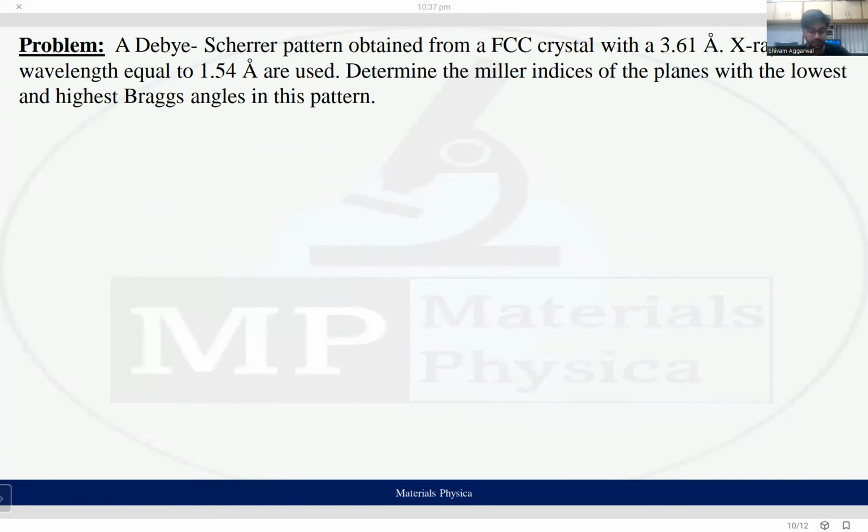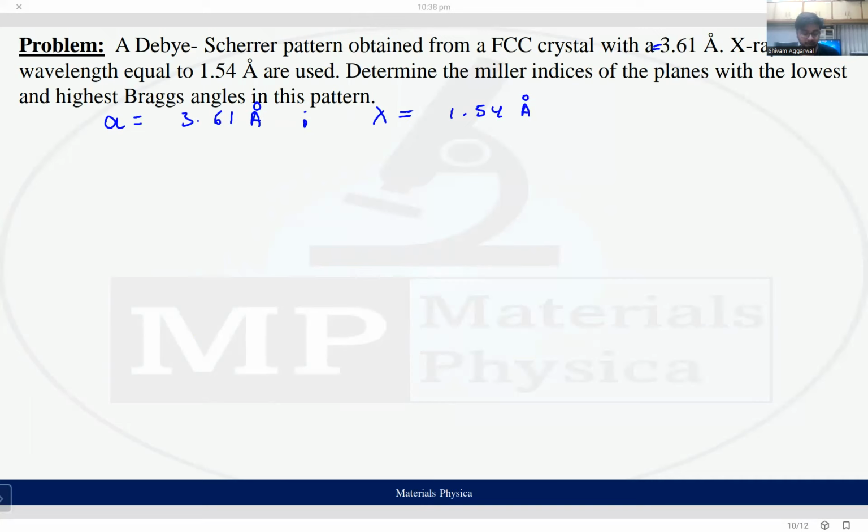Now let us move to the next question. A Debye-Scherrer pattern is obtained from an FCC crystal with a equal to 3.61 angstrom, and the wavelength of the X-ray is 1.54 angstrom.